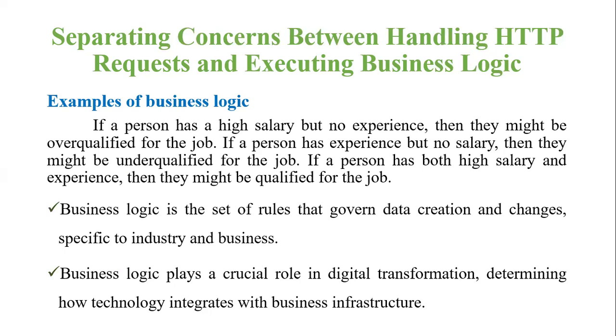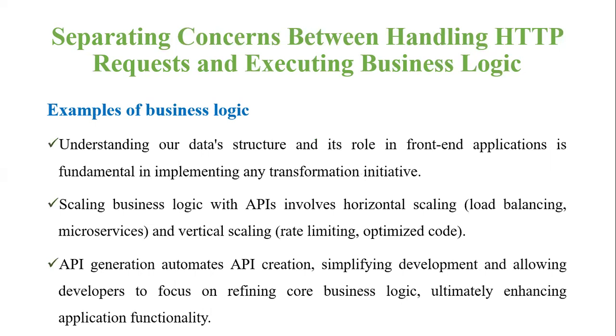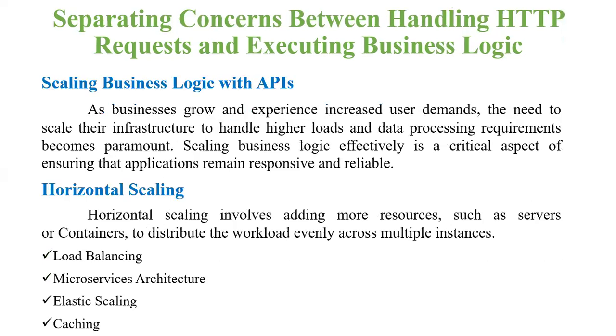Scaling business logic with APIs involves horizontal scaling, which means load balancing or microservices, and vertical scaling, which means rate limiting or optimized code. Next, API generation automates API creation, simplifying development and allowing developers to focus on refining core business logic, ultimately enhancing application functionality.